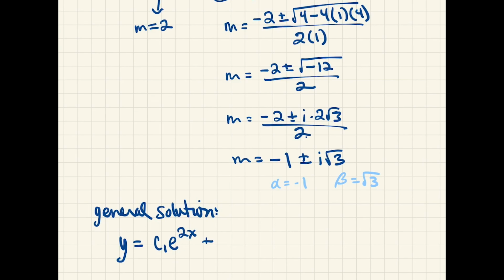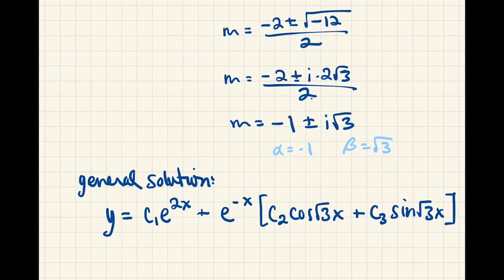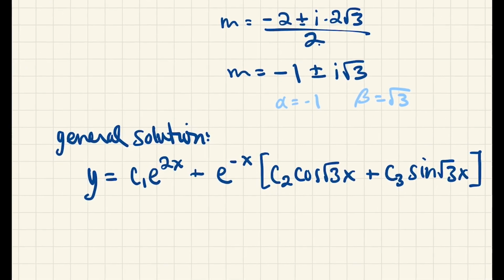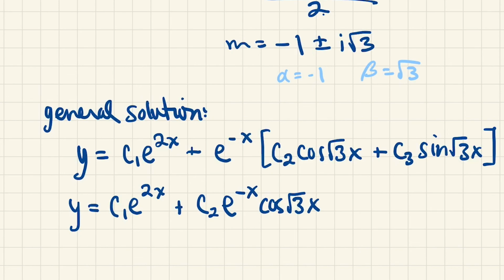So we're going to have e to the alpha x, so that's e to the negative x, times c2 cosine of rad 3x plus c3 sine of rad 3x. And that's a perfectly nice way to leave it, but you can distribute if you wish. So we have something like this. And that is our final answer.